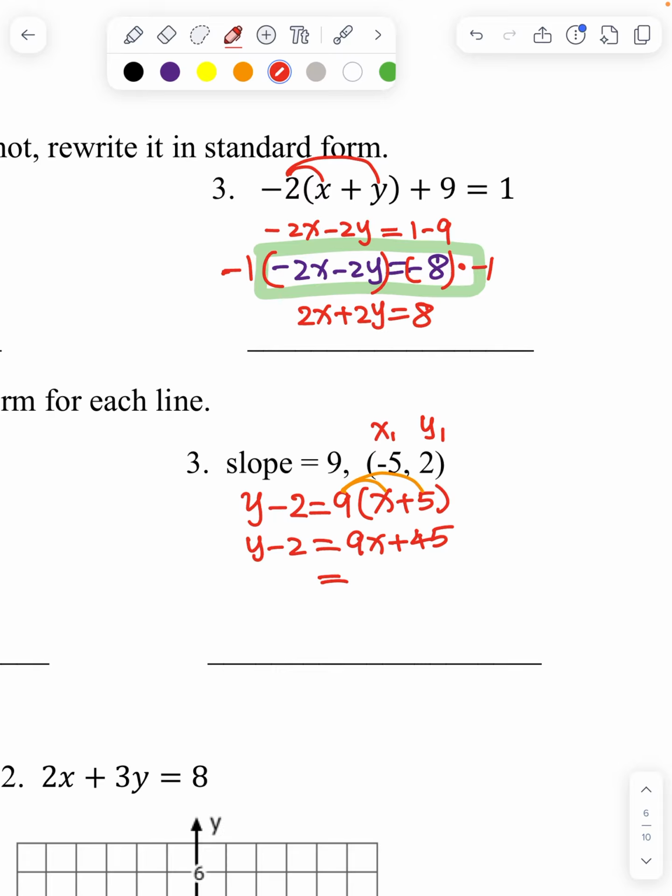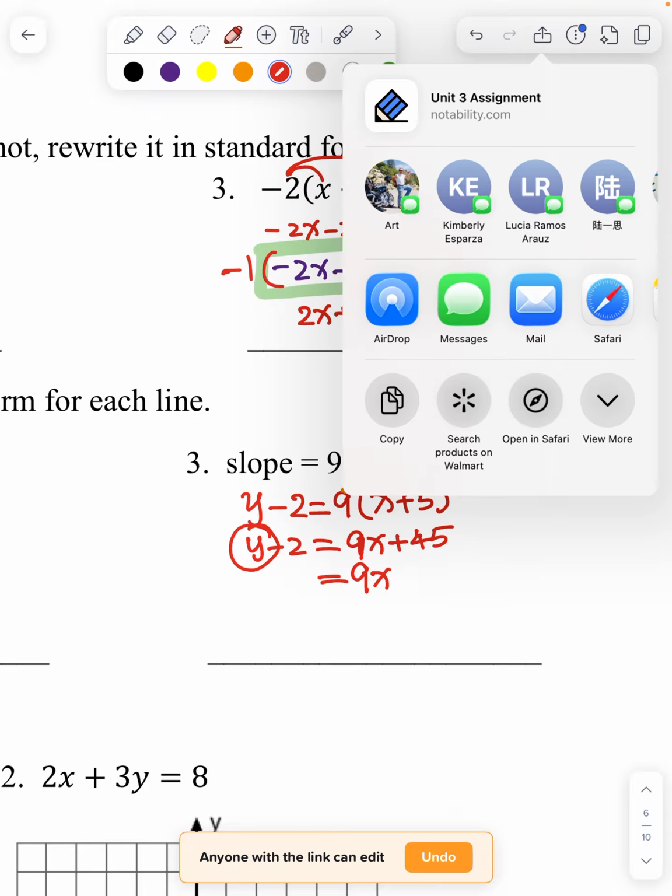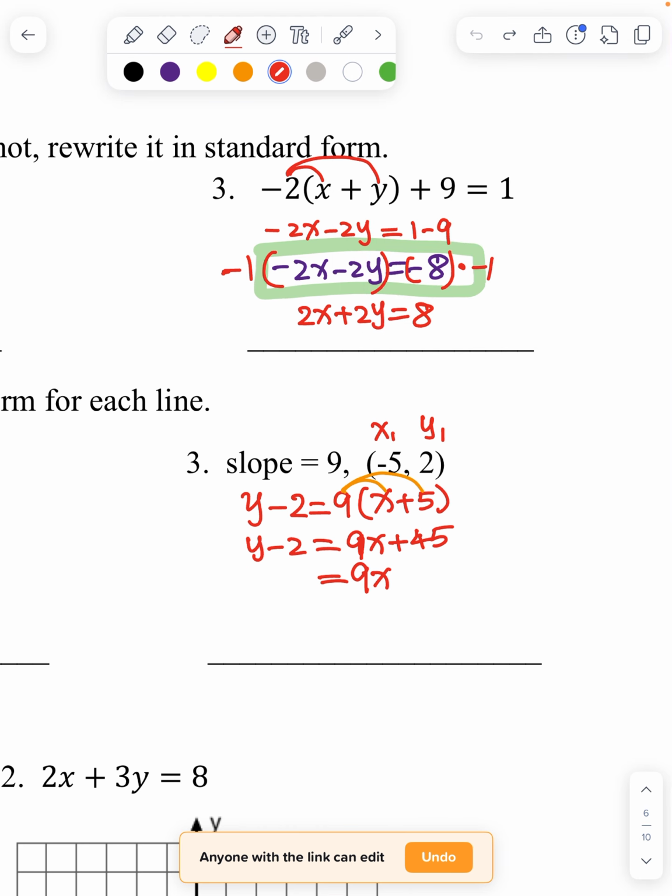X is positive, so I don't like to move it, because we like to keep x as the first term. On the right side, x is the first term and positive, so I'm going to move y to the other side. It becomes negative y, so minus y.